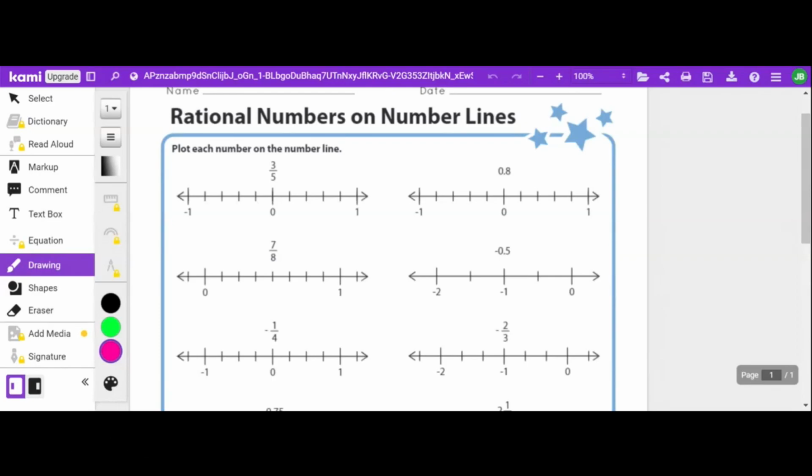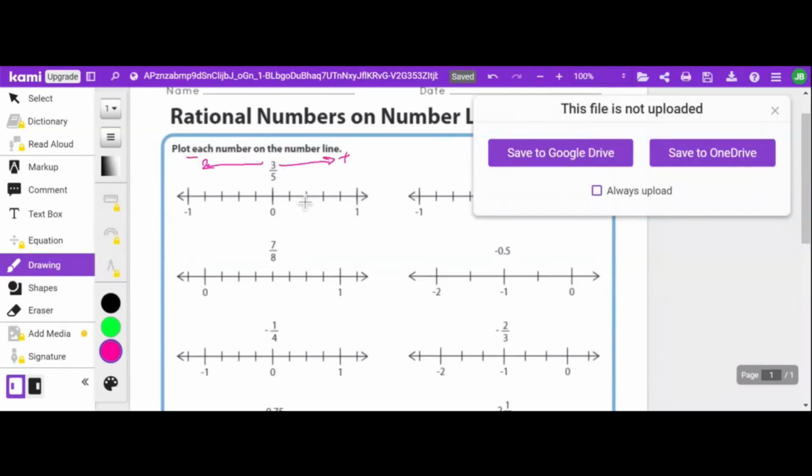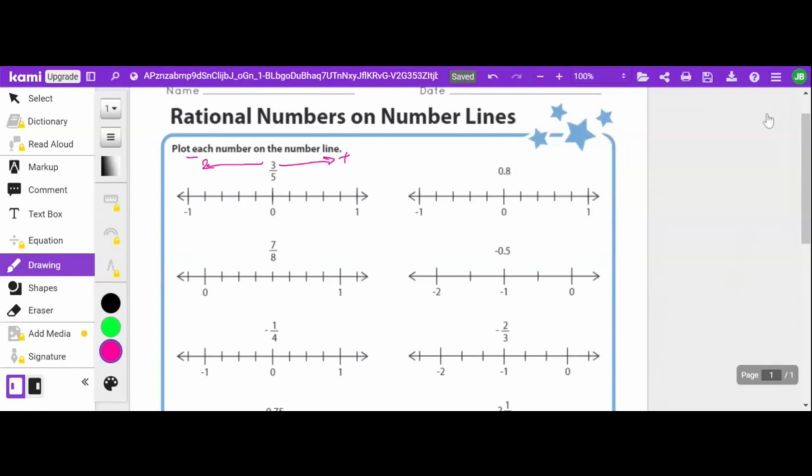Okay, correct. And the reason is we are positive. All of our numbers to the right are positive. All of our numbers to the left of 0 are negative. So then what we need to do is look and see how this grid is marked off. It's marked off in 1, 2, 3, 4, 5 pieces, so each of these sections is a fifth.